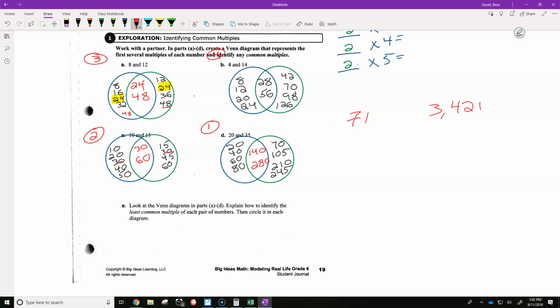You said, okay, 12 times 2 is 24, times 3 is 36, times 4 is 48. Or you just did repeated addition. 14 plus 14 is 28, 28 plus 14 is 42. You did the work. And that's hard. If I did this one, 71, I'd have to keep doubling, tripling, quadrupling.